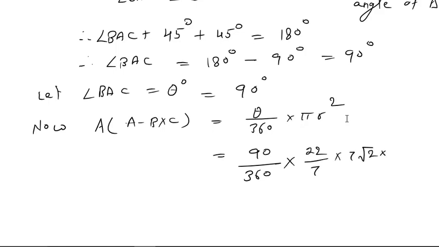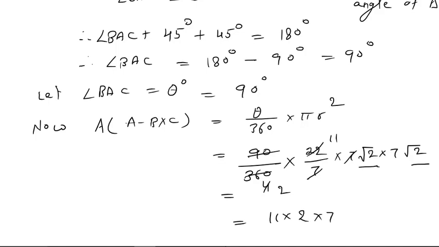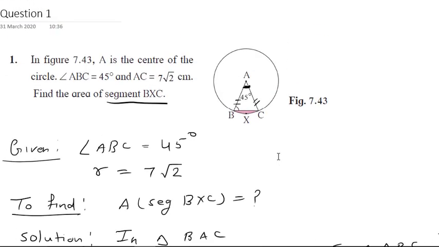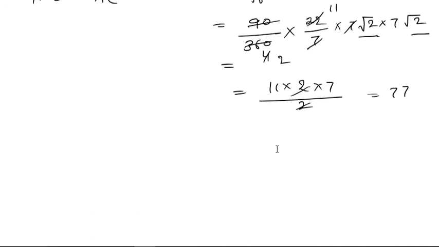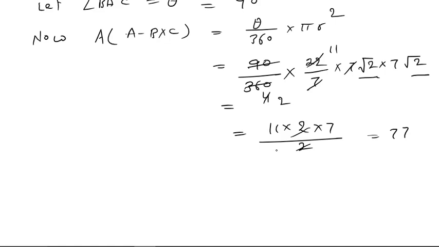So it is 7 root 2 into 7 root 2. Now this 90 will cancel, this 7 will cancel, this 22 will cancel, I have 11 here and 2 here. So here we have 11 into root 2 into root 2 is 2, and then I have 7 whole divided by 2. So this 2 will also cancel. So 11 7s are 77. So area of sector ABXC is 77, unit is centimeter. So I will say that this is 77 centimeter square.